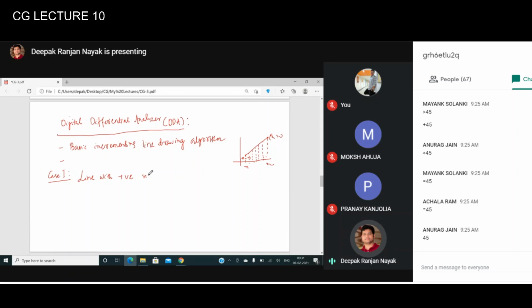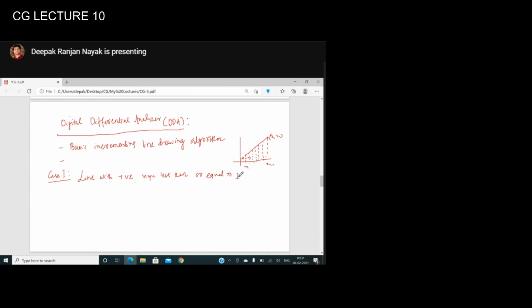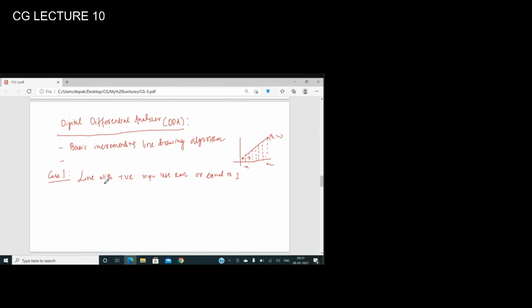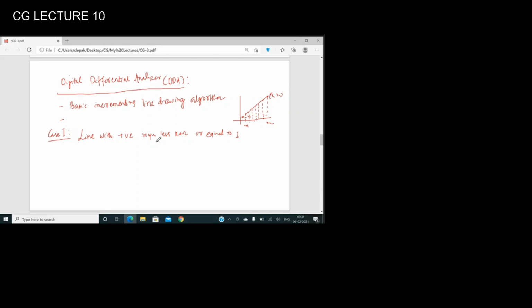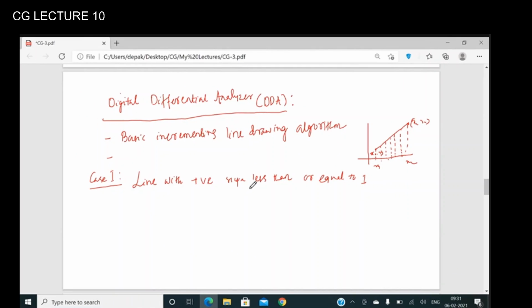A line with positive slope less than or equal to 1. If the line is having positive slope and the slope is less than or equal to 1, right?